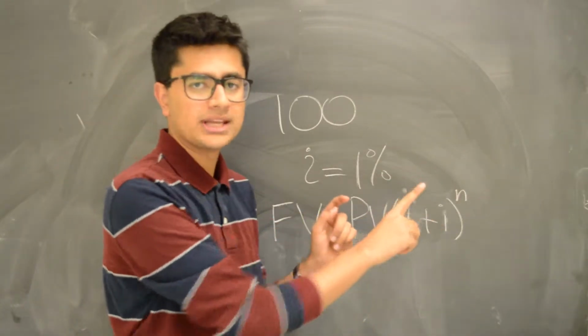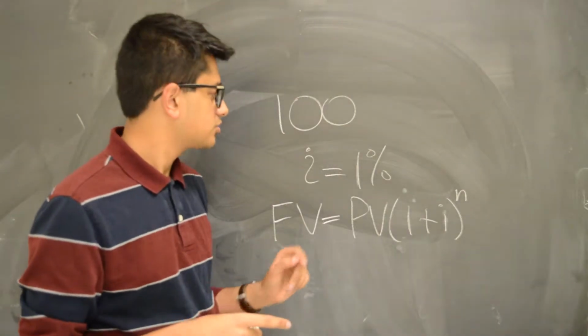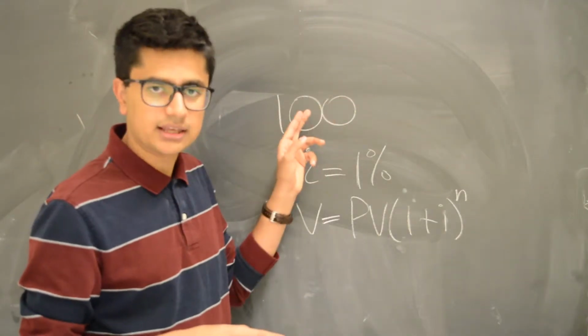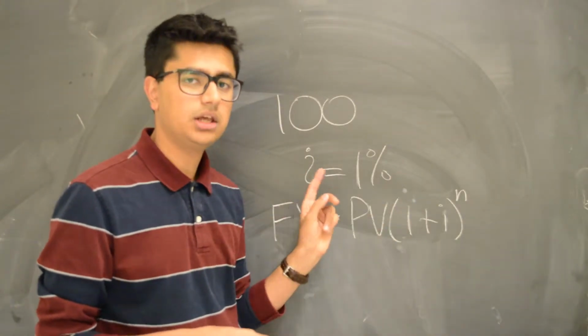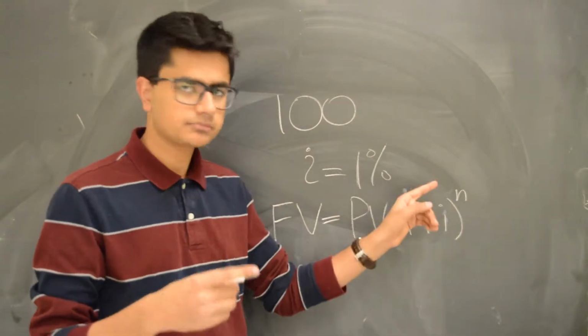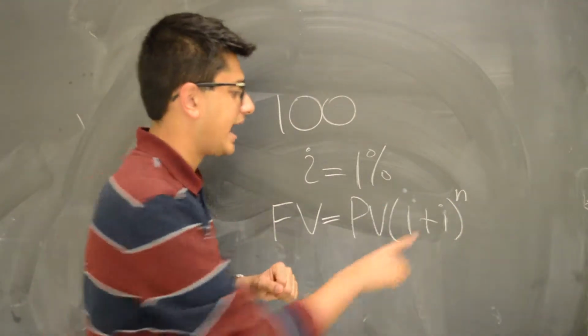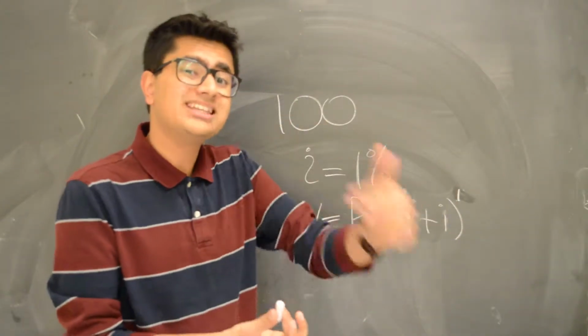And n is very important. It represents the number of years after which the future value occurs. So let's say I have $100 today, and I want to deposit it into an account that will earn 1% for 1 year. 1 year later, if we use n in terms of years, n will be 1, because we're looking at the future value 1 year from now.